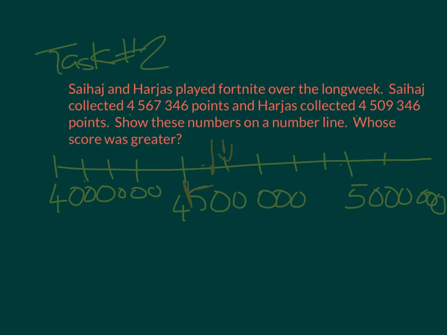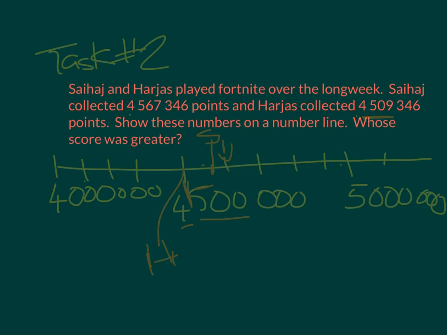So this is Sahej that we're looking at. That's his score. We know this other one is not at the 6. It's actually very close to our 4,500,000. So this one would be right here, and this would be my friend Harjas. And so Harjas is down here.